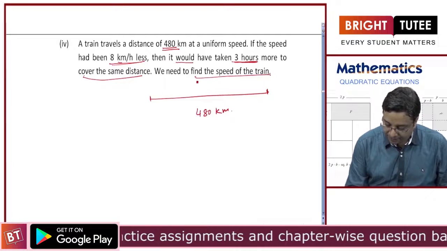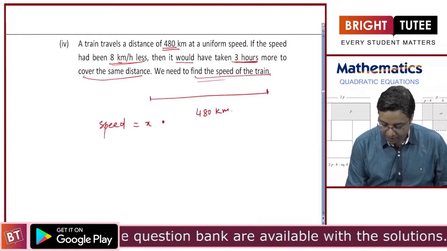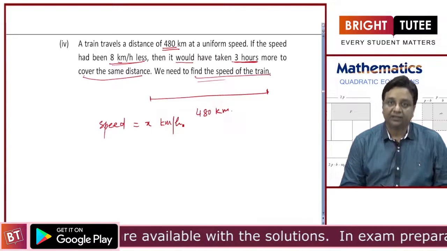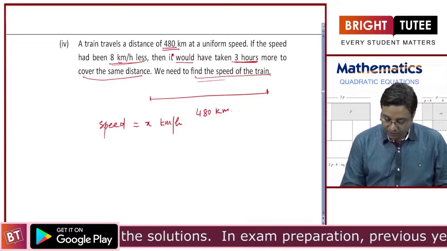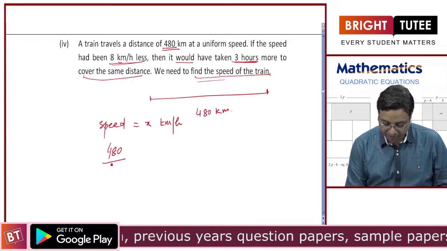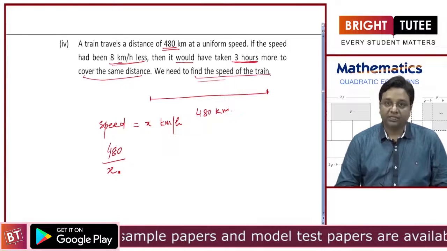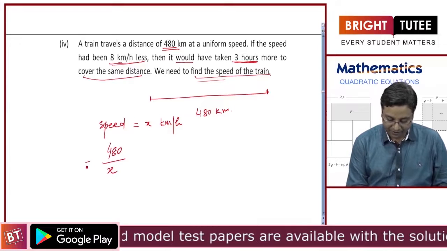So let us say the speed of the train was x kilometer per hour, original speed, right? So what was the original time that it would take? Distance upon speed, right? This was the original time, right?